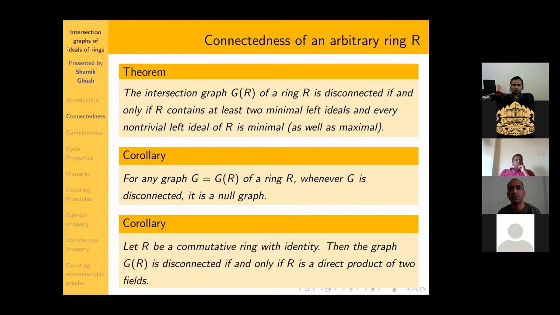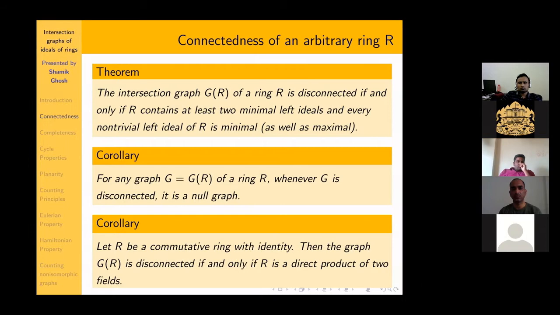Now the theorem becomes more beautiful and rich when you consider a commutative ring with identity, and then you have a very categorical answer: the graph is disconnected if and only if the ring is a direct product of two fields. Except for the direct product of two fields, no graphs are disconnected, so every other graph is connected. That is what the result says.